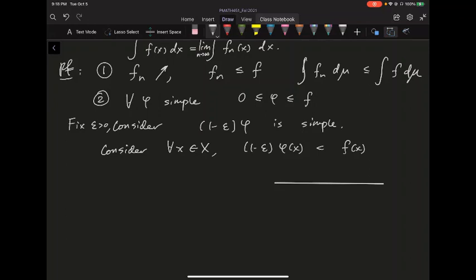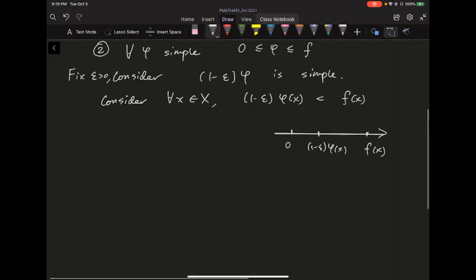If I draw a picture here, with 0 here, then this is (1 minus epsilon) φ(x), and it will be strictly less than f(x). I really need to plug in this 1 minus epsilon to make this a strict inequality, otherwise I only have less than or equal to. And because f_n(x) is converging, they can be less than (1 minus epsilon) φ at first, but eventually you will get something bigger.